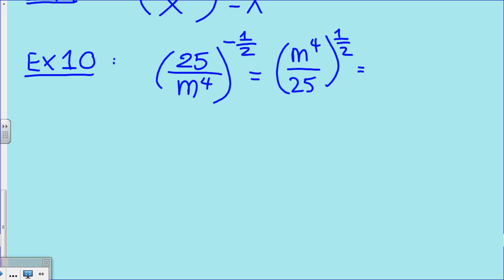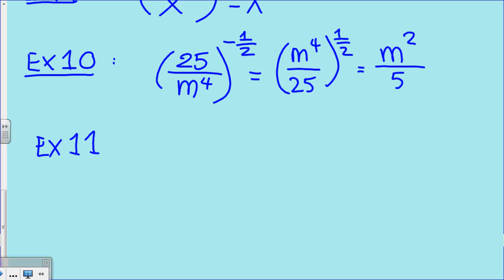So instead of saying 1/2 this time, what root am I asking for? The square root. So we can either take the square root of x to the 4th, or we can just say 4 times 1/2 is just 2. And the square root of 25 is 5. Right, one more time.